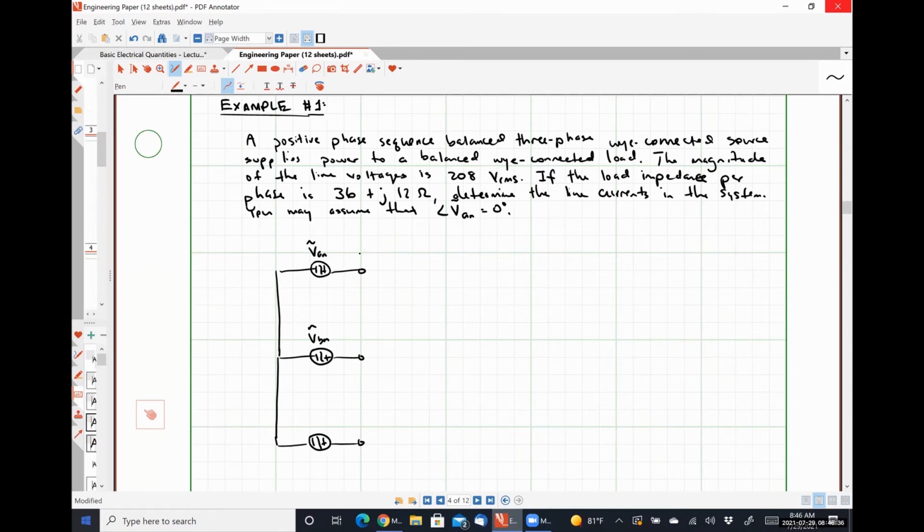Here's my voltage VCN, which means this is A, B, and C. Over here on my load side, I have an impedance of ZY. Same impedance of ZY.